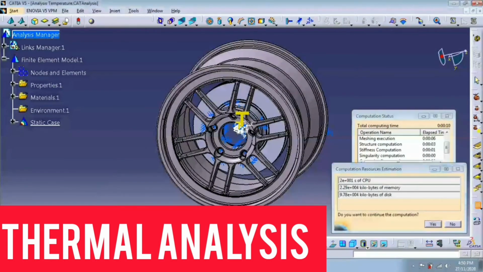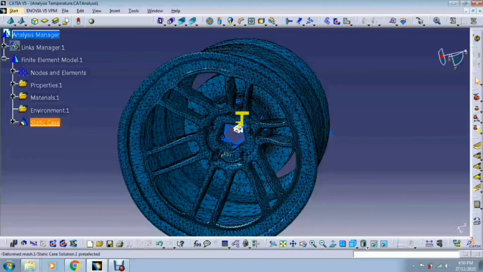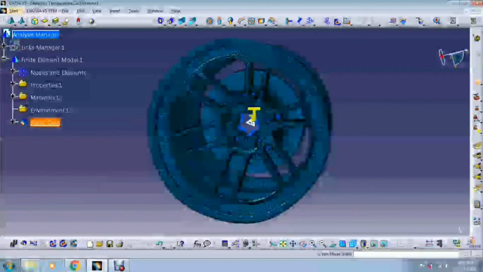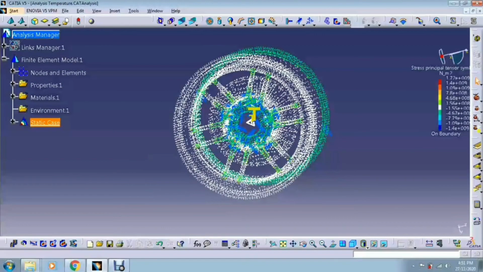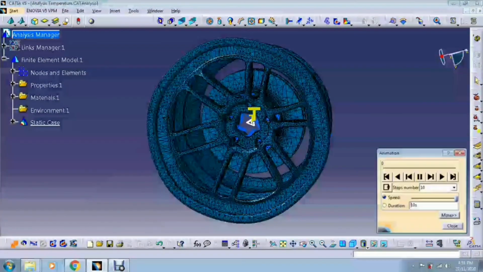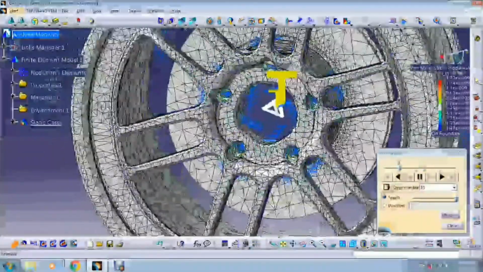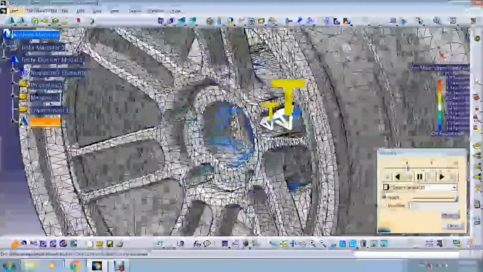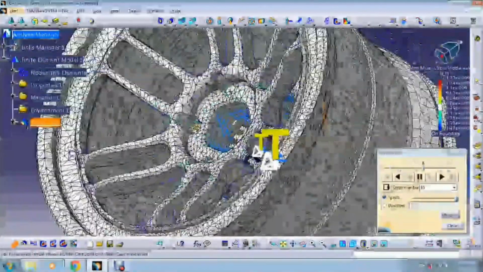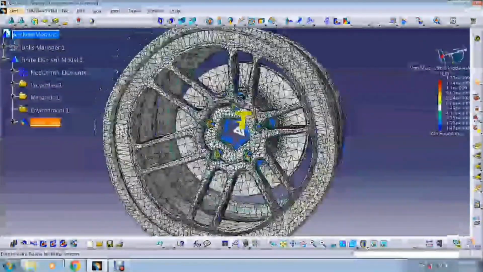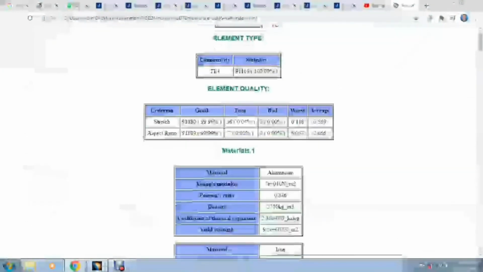After the data has been computed, we can gain the result. Then we can generate the report to further analyze the result.